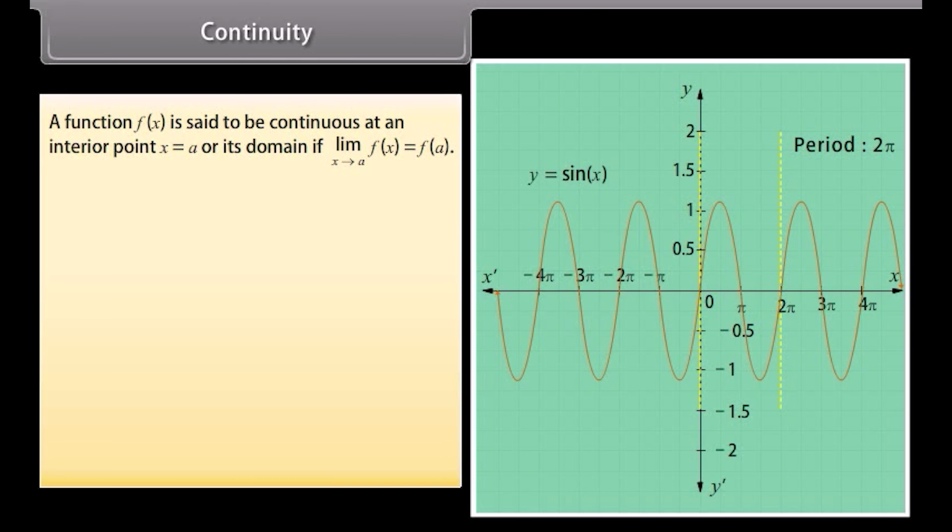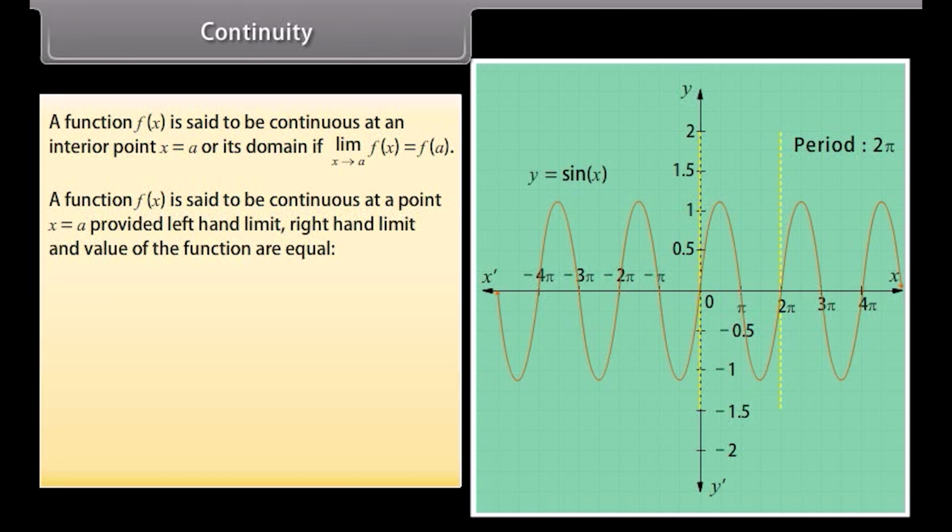In other words, a function f of x is said to be continuous at a point x = a, provided left-hand limit, right-hand limit and the value of function are equal. Limit h approaches 0 of f of a minus h is equal to limit h approaches 0 of f of a plus h is equal to f of a.